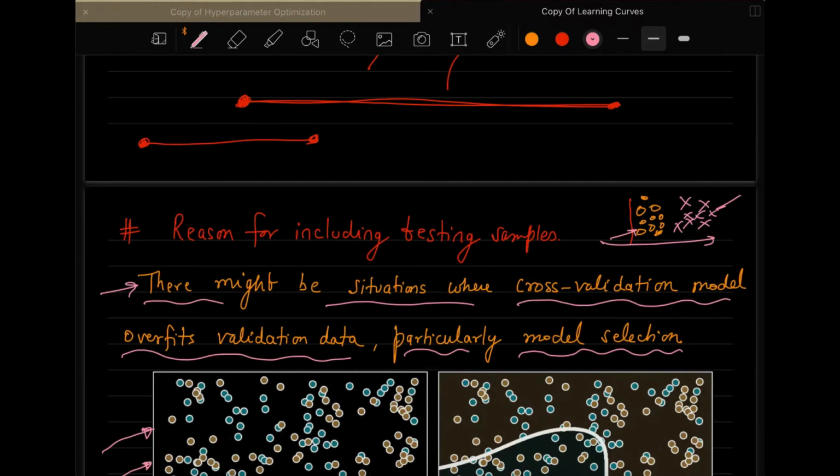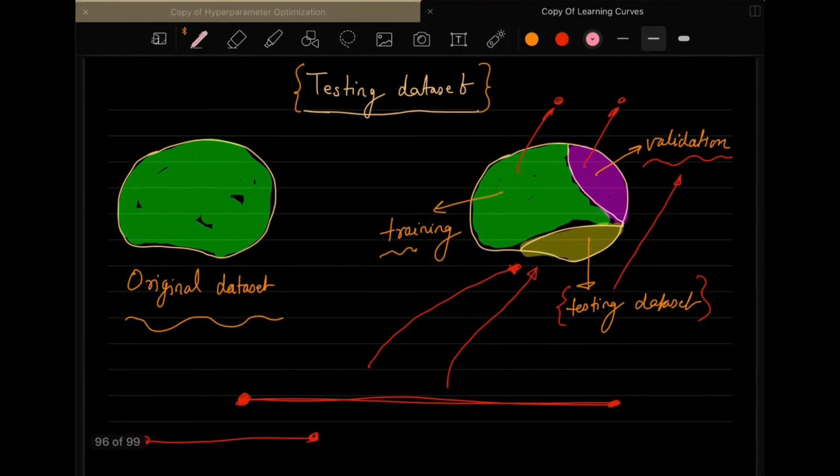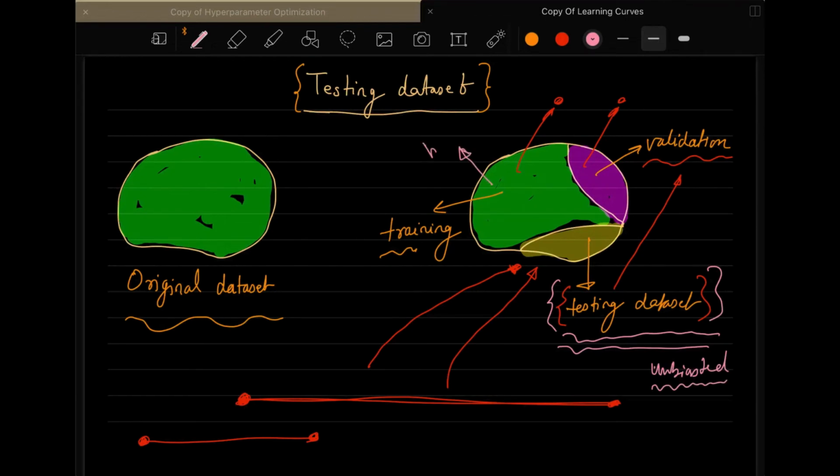To avoid that, you take out some data from the validation and make it a testing data set. This testing data set has data which is neither used in training nor in validation, and it acts as an unbiased estimator for your model. Earlier we saw that the training samples were biased and not able to detect the overfitting of the models.